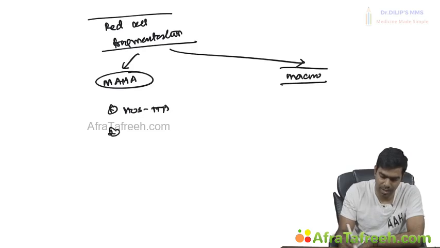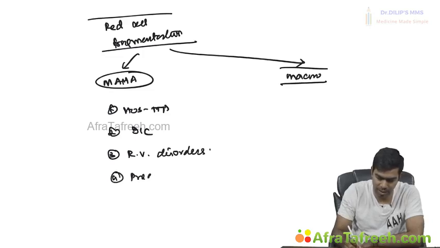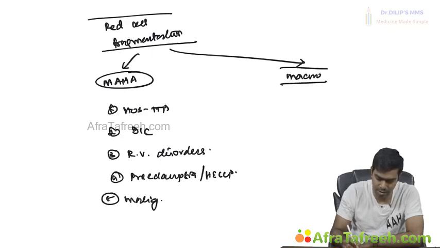Then it can happen with DIC, disseminated intravascular coagulation. It can happen with renal vascular disorders or renovascular hypertension. It can happen with preeclampsia and HELLP syndrome. It can happen with malignant hypertension.